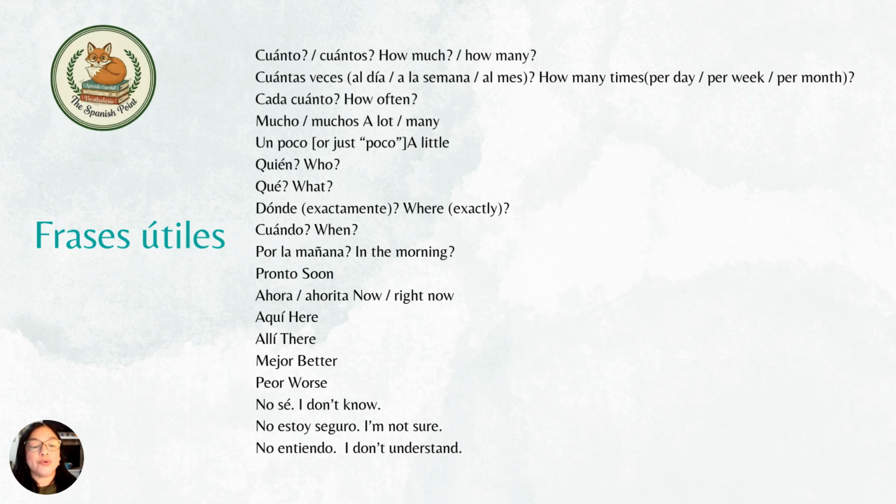Pronto means soon, ahora, now, or ahorita, which is the colloquial form that we use all the time to say right away. I'm doing this right now, ahorita. And then we have aquí, here, allí, there, mejor, better, peor, worse. Important phrases like no sé, I don't know, no estoy seguro, I'm not sure, or just no entiendo, ¿no? Repite, por favor, no entiendo.